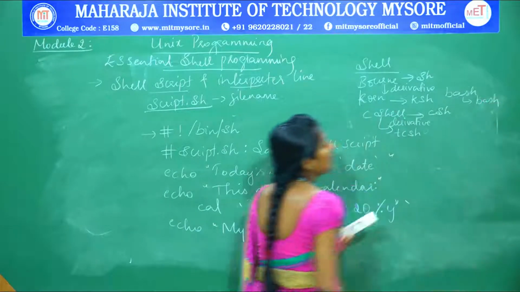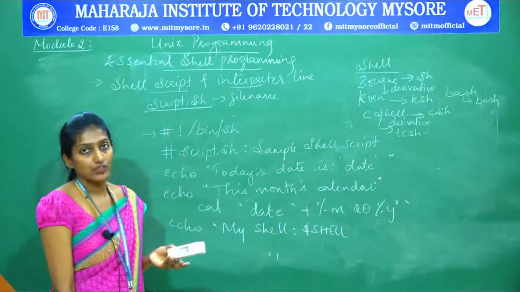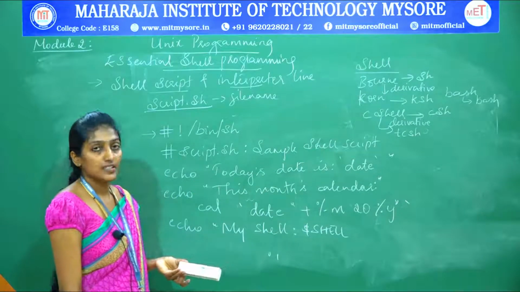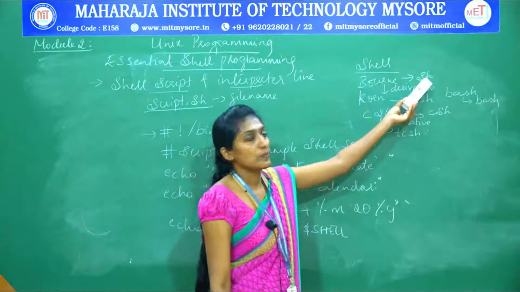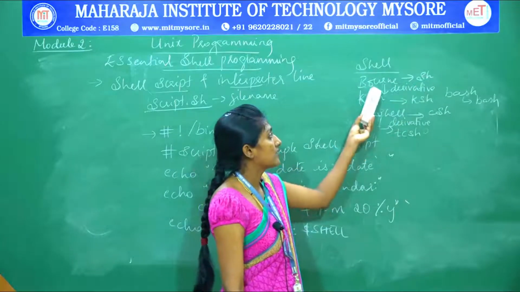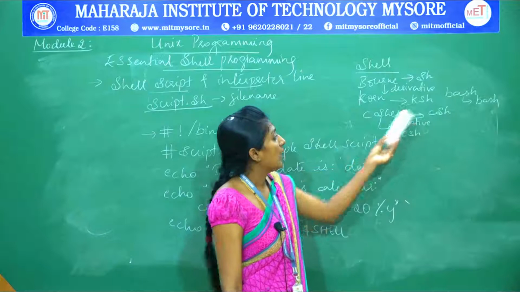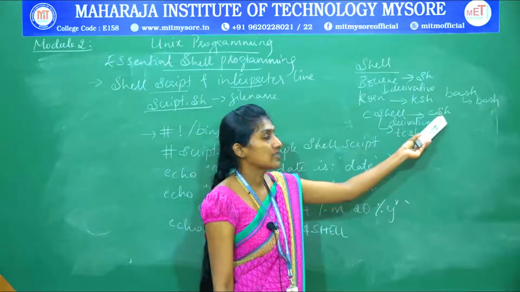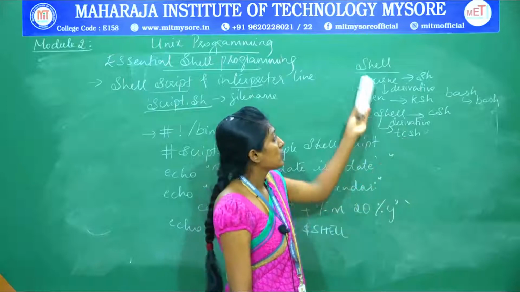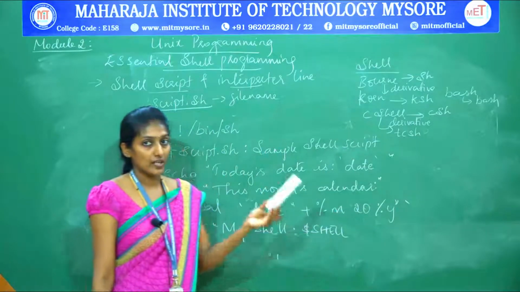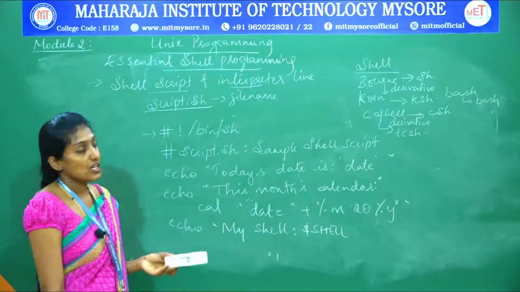These are the different derivatives of the Bourne and C shell. The Bourne shell is itself represented with sh, and its derivatives are the Korn shell and the bash shell, and the C shell is represented with csh and its derivative is tcsh. These are the different offerings or representatives of the shell.